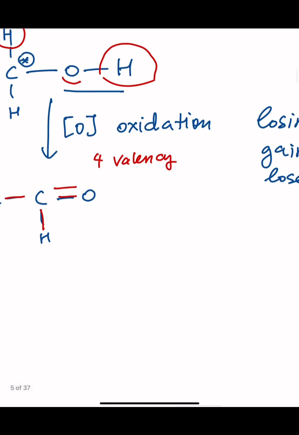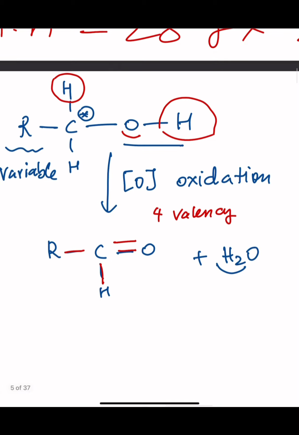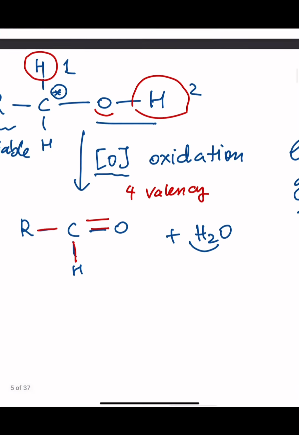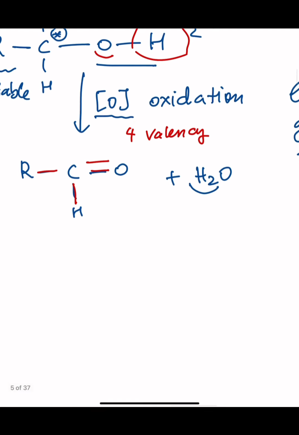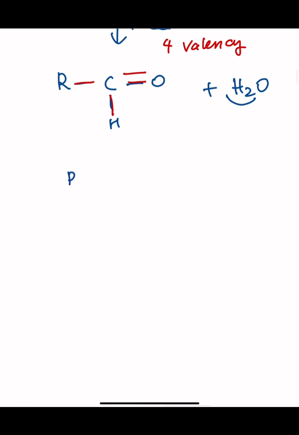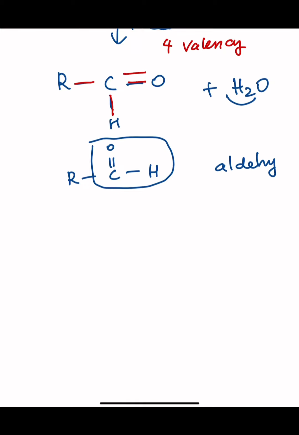And the other product that is going to be formed is H2O. The 2 hydrogens are coming from here. So 1 here and then 2 here. And then oxygen is this oxygen, okay? Now, when you have a group looking like this, RCOH, as you recognize, this is called aldehyde.